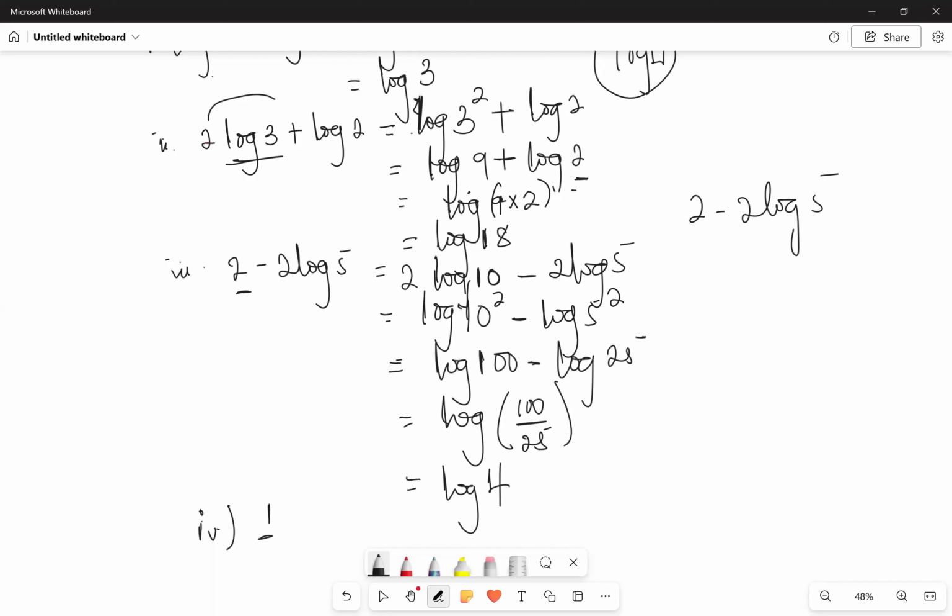So the next question is half log 9 plus 1. It's similar. So I'm giving you 2 to 3 minutes. Solve this yourself.